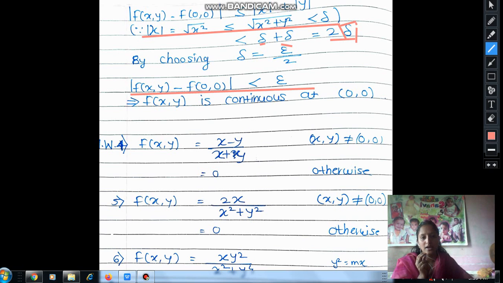So we can't say anything about the relation between iterated limits and continuity. Even if the limits exist but they are not the same, the function can still be continuous.